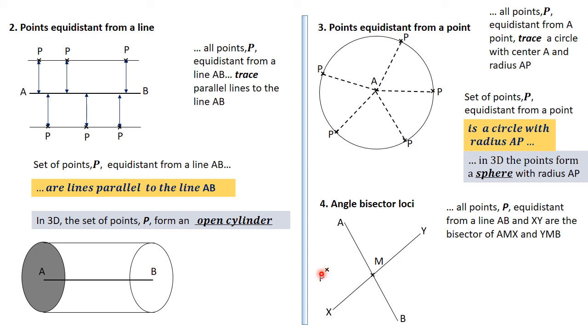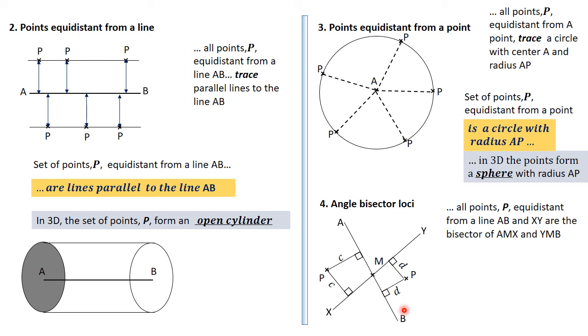Let me go over it again. We have a point P such that the shortest distance from P to AB and from P to XY are the same, say C. And say we have another point P such that the shortest distances to XY and AB are again the same, a constant number D, and we have many other points like those.